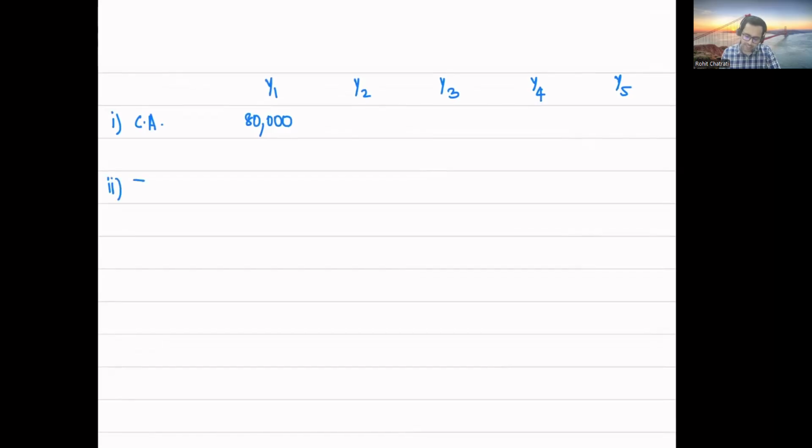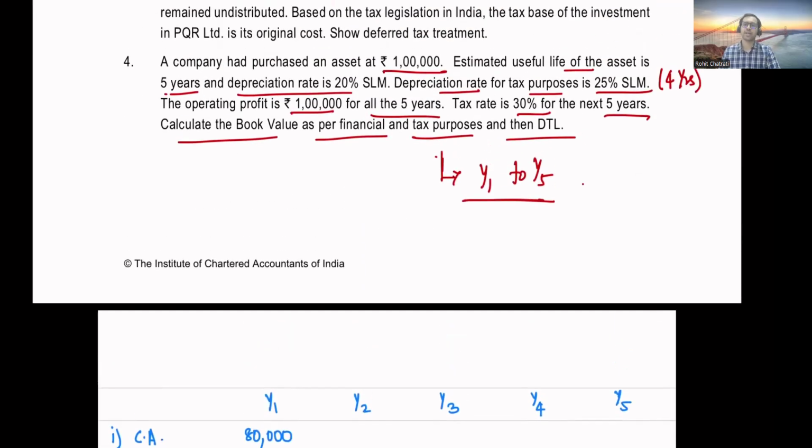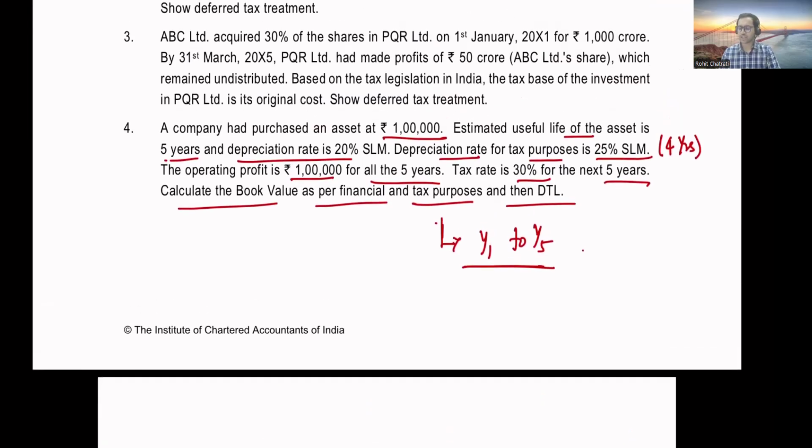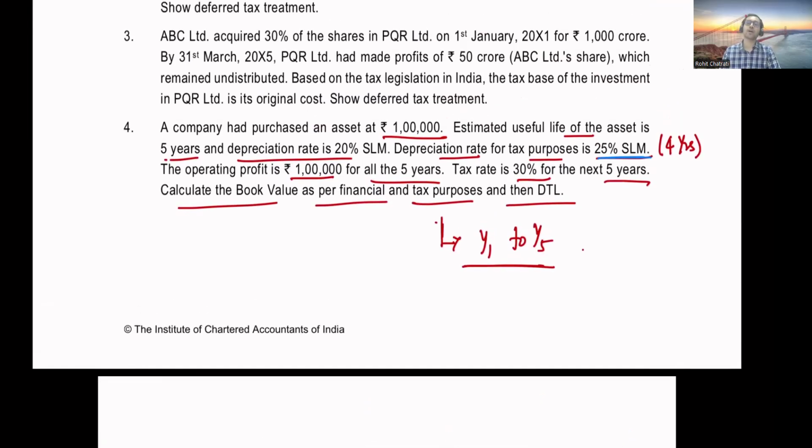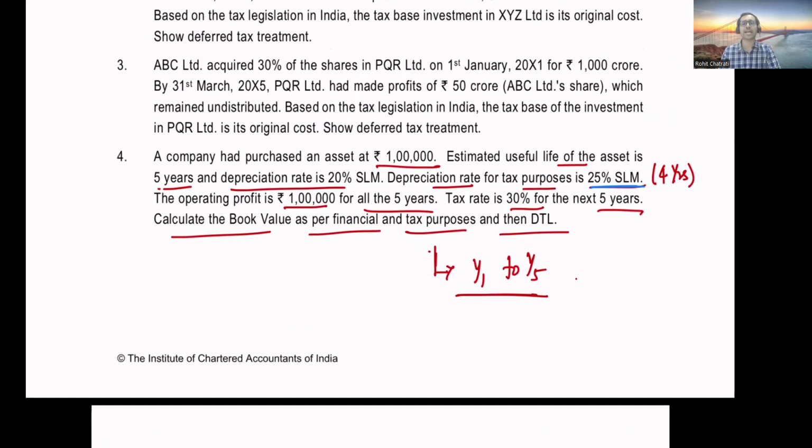Second step is calculating the tax base. Tax base is going to be the amount at which it would be reflected in the tax balance sheet. Now, I charged a depreciation for the first year of 25% as per tax laws. So the amount of depreciation in the first year is 25,000 for tax purposes, which means that in my tax books of accounts, this asset would have a value of 75,000.